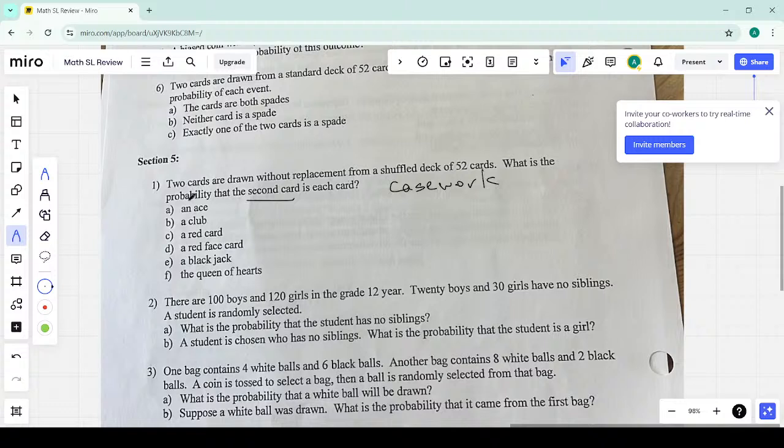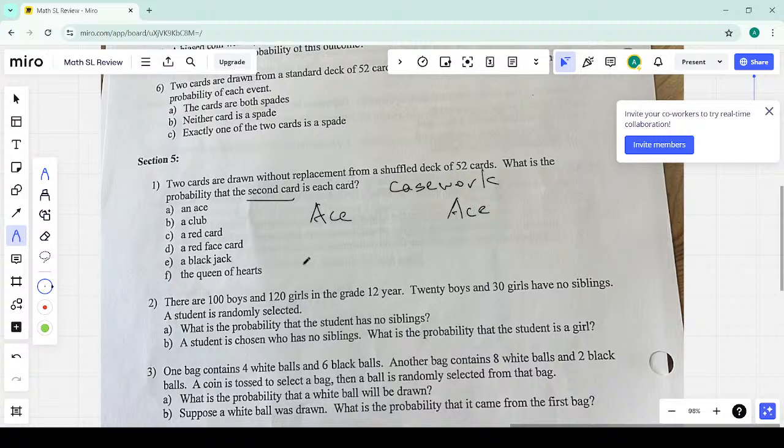So 2 cards are drawn without replacement. So we're going to draw one card and then another card. Let's say we're doing part A right now. So let's say we draw an ace on the first turn. So we draw an ace on the first turn, and then we have to draw an ace on the second turn.